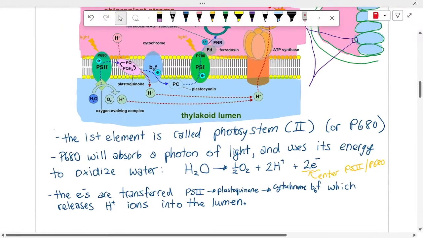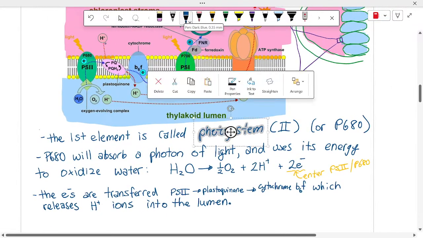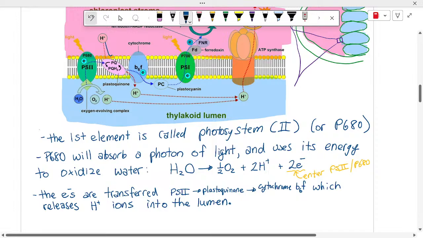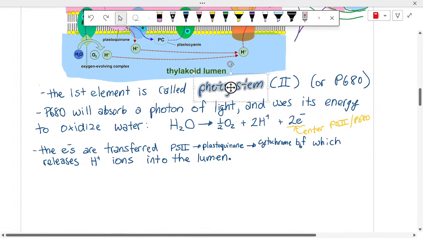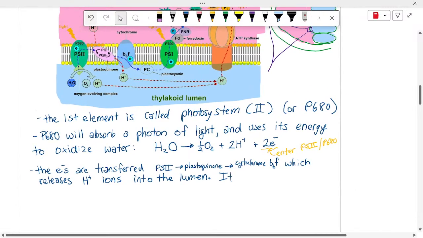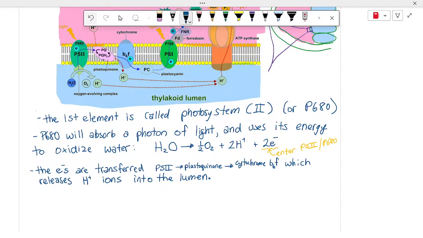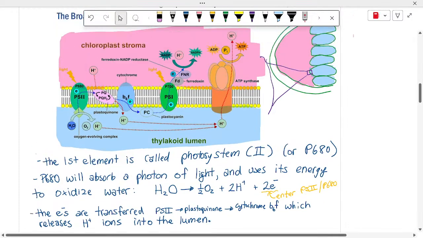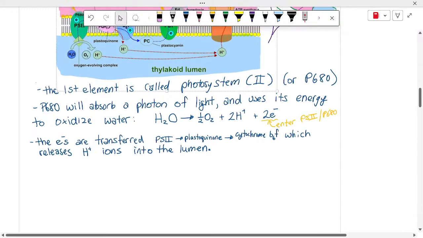Sorry? Nope, this is showing the H plus coming in from the stroma, which is the next thing we're going to say. So it's the B6F that's pumping the H plus ion, or between plastoquinone and cytochrome? Good question. So the plastoquinone took the H plus ion from the stroma. That's the next thing we're going to write, actually.